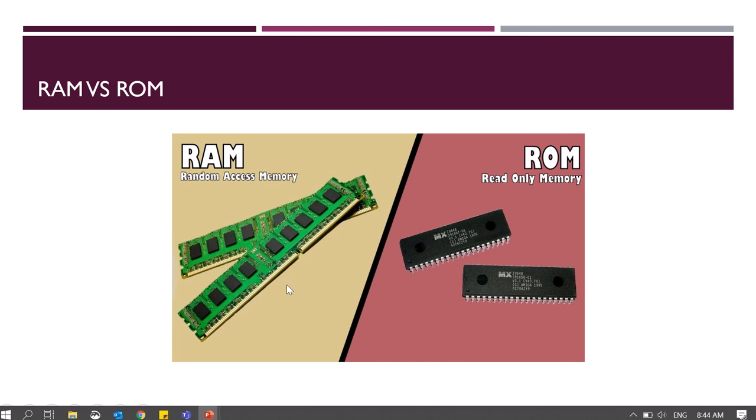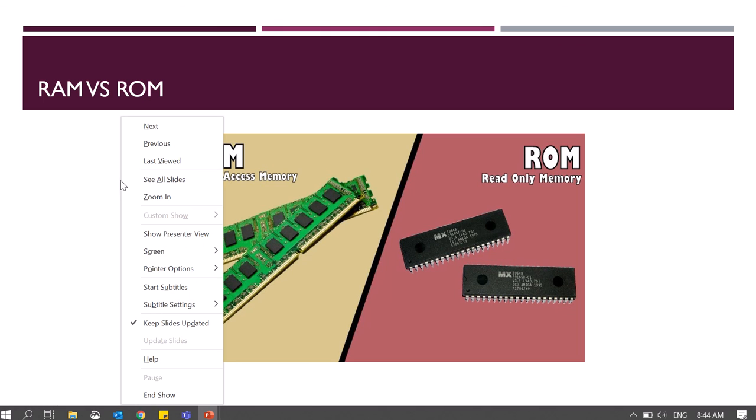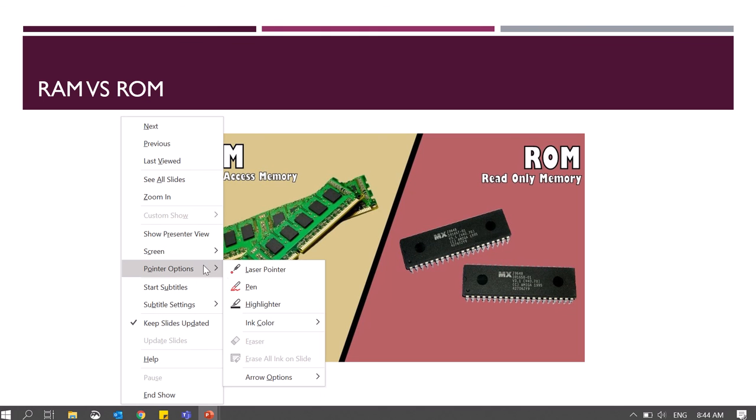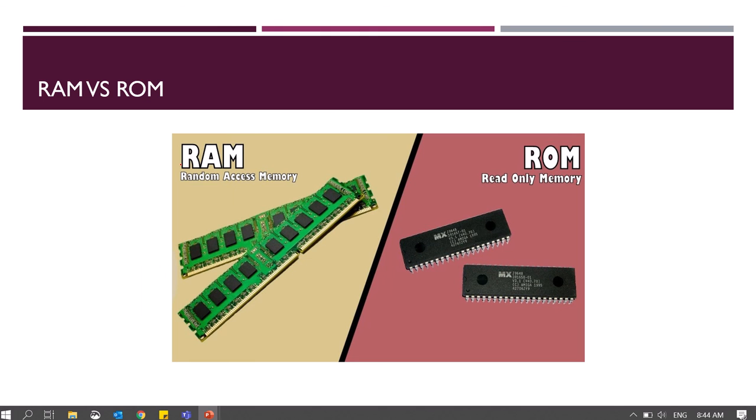Let's recap all the differences between RAM and ROM. First, we need to remember that RAM stands for random access memory and ROM stands for read-only memory. RAM is volatile, while read-only memory ROM is non-volatile.